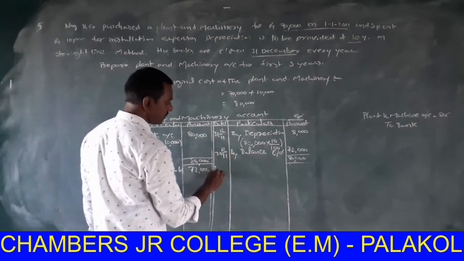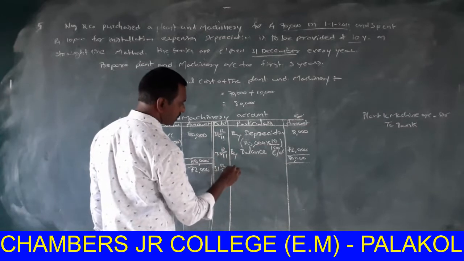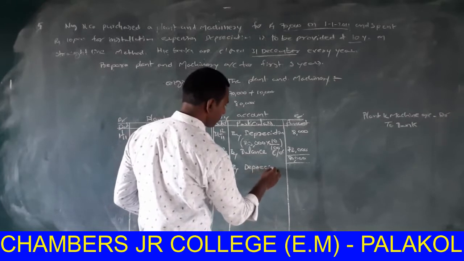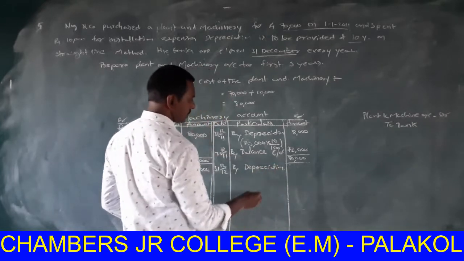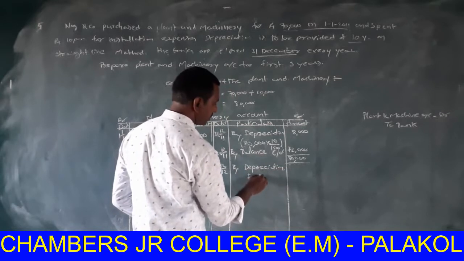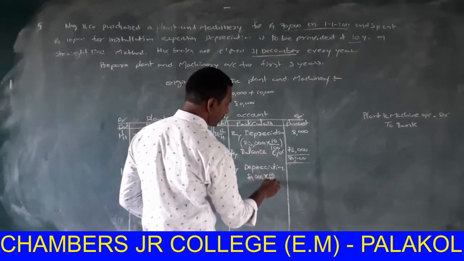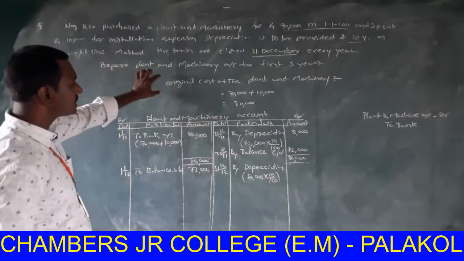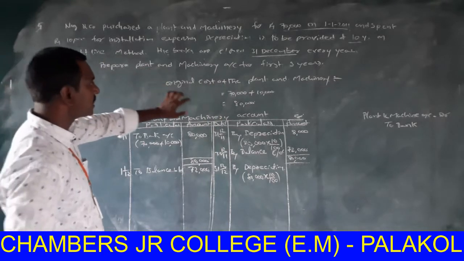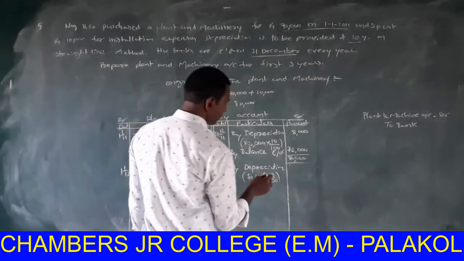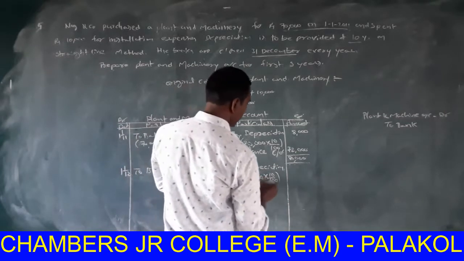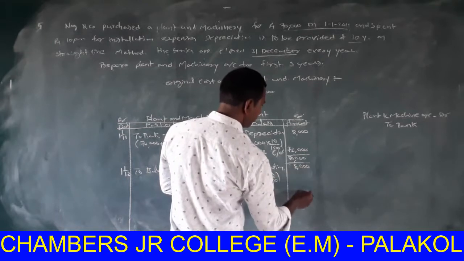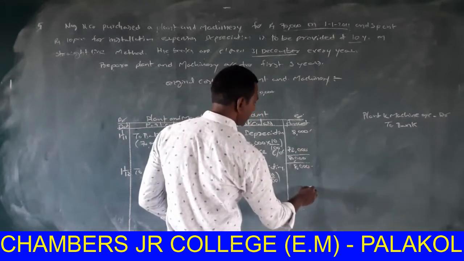The same way, on 31/12/2012, by depreciation: 80,000 into 10 by 100. Straight line method means every year depreciation is calculated on the original cost of the machinery, which is 80,000. So 8,000. This is the first year depreciation and this is the second year depreciation.